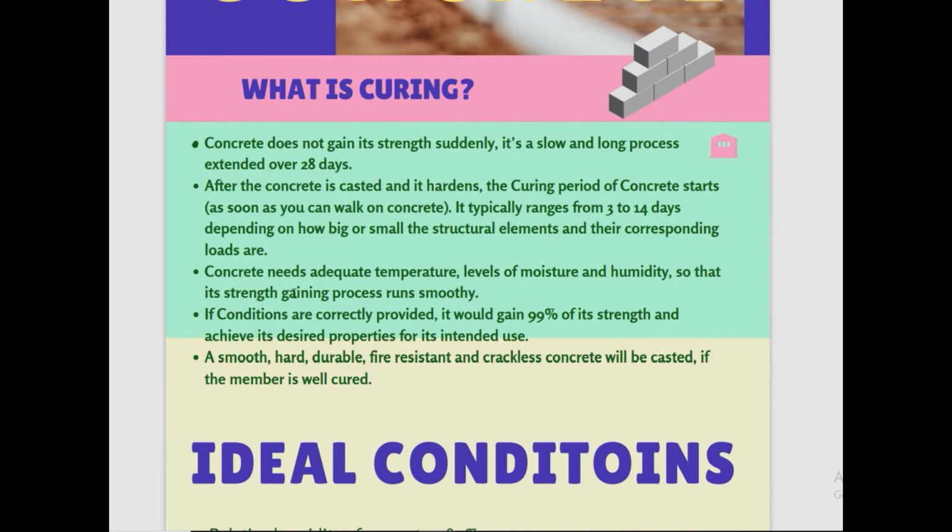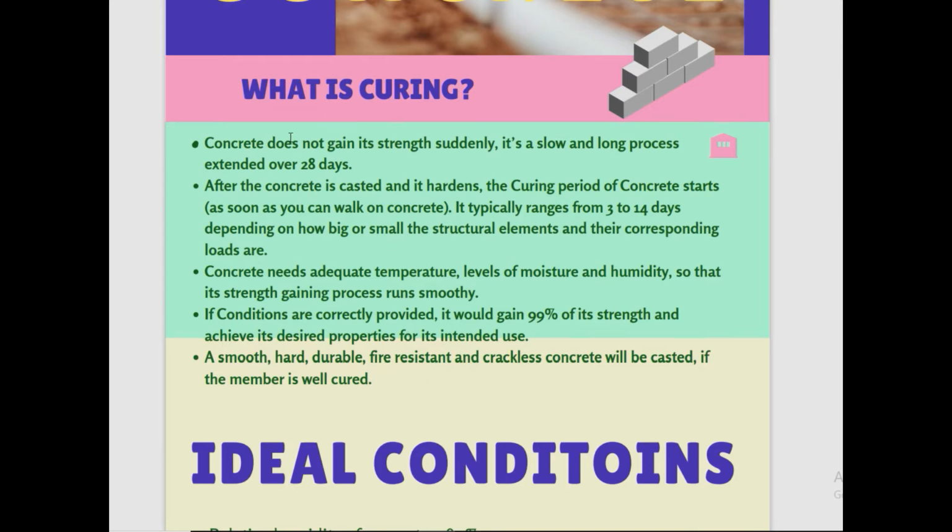The third point is concrete needs adequate temperature, levels of moisture, and humidity, which is part of the curing process, so that its strength gaining process runs smoothly. If conditions are correctly provided, it would gain 99% of its strength and achieve its desired properties for its intended use. A smooth, hard, durable, fire-resistant, and crackless concrete will be casted if the member is well cured.